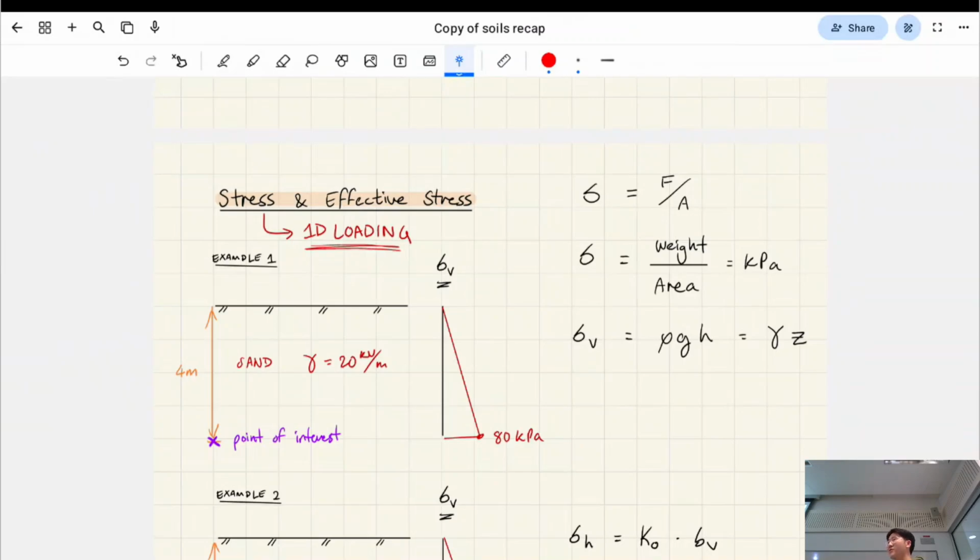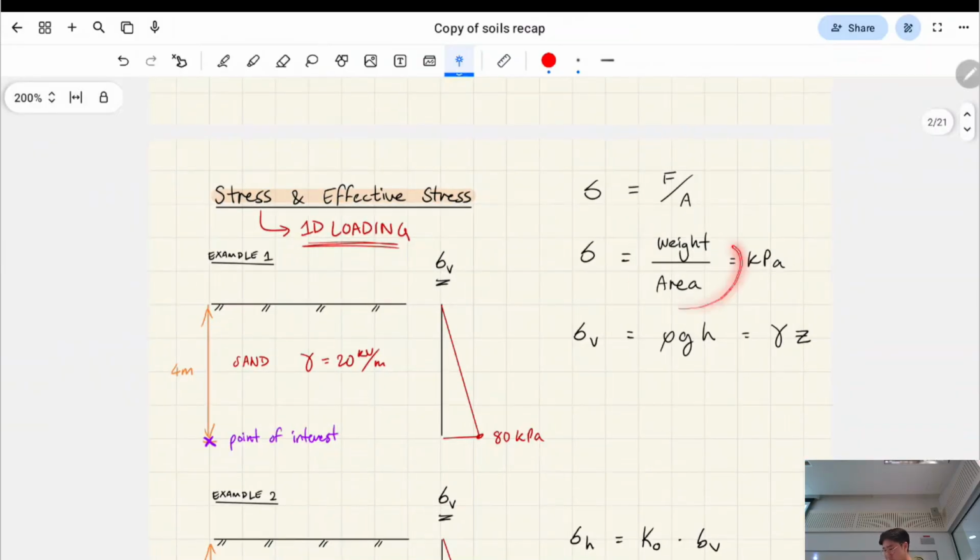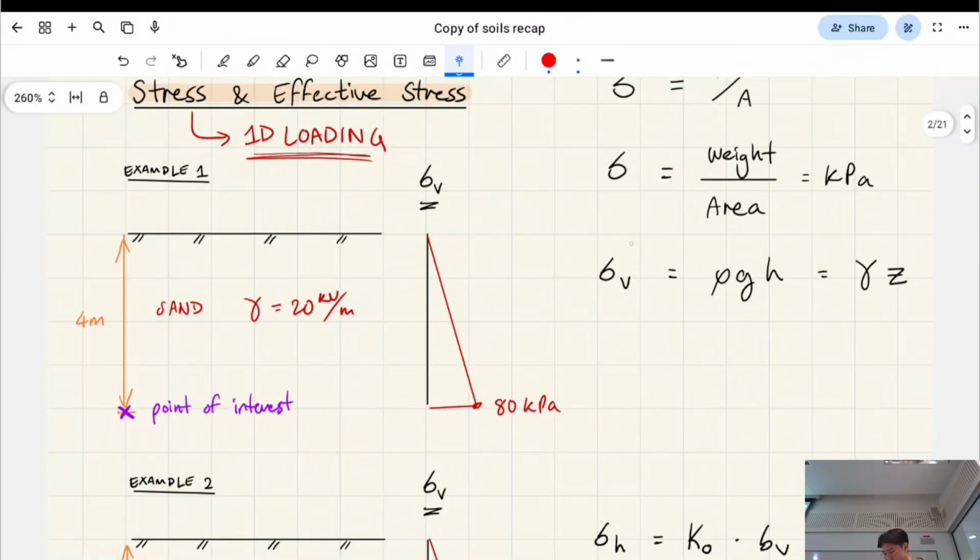You're using your gravity, your weight, to push down on it. So it's a vertical stress that you're applying. We have to think about it in terms of a weight distributed over a certain area. So when you see sigma V, that's referring to vertical stress.